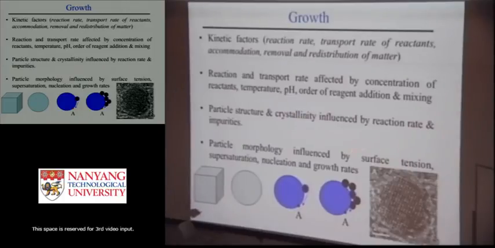In some cases, if the surface tension value is not high, it's relatively low, the surface energy may not be so high. The system may not need to reduce its surface energy by minimizing the surface area. So in that case, sometimes you might see other shaped nanoparticles, like cuboids.